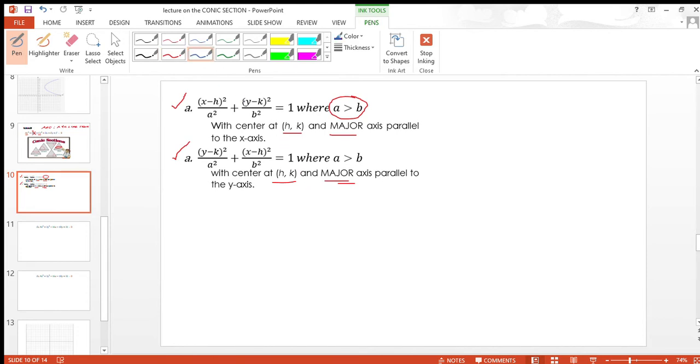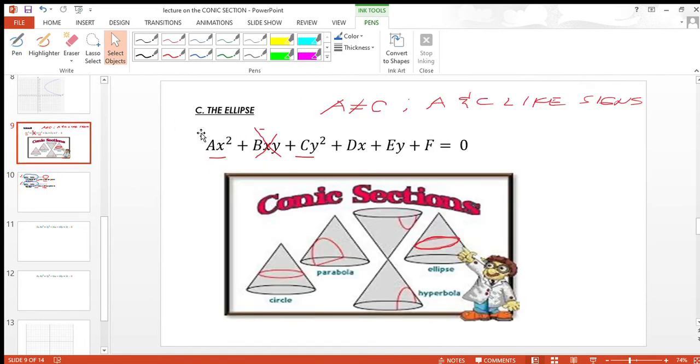And these equations are actually obtained by reducing the general form of the ellipse.